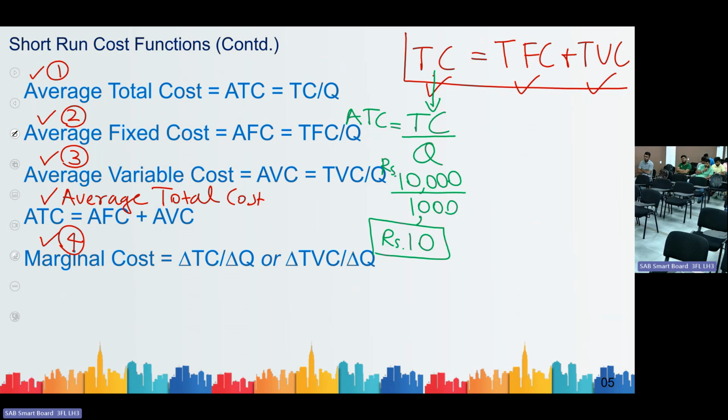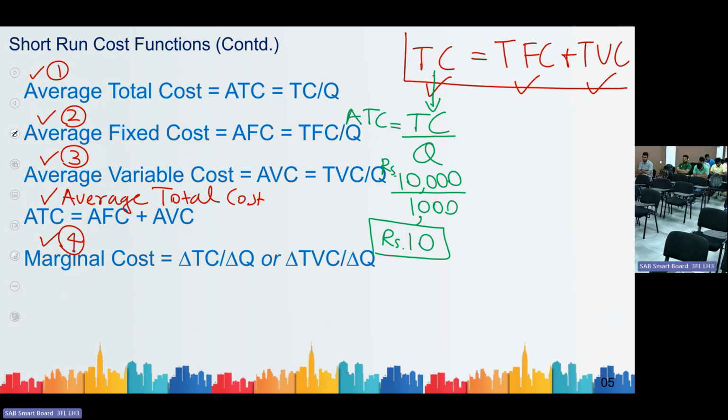To produce one unit of output, the firm has to bear 10 rupees. That is average total cost.